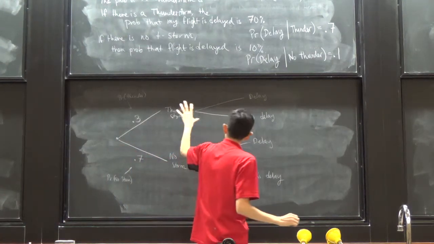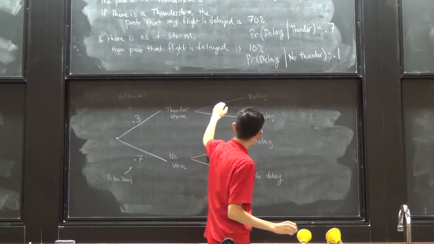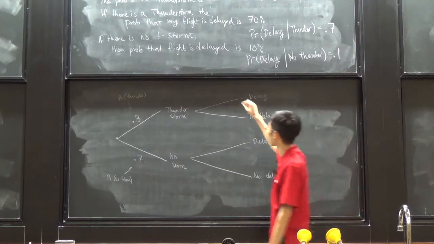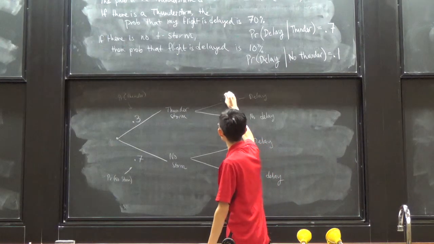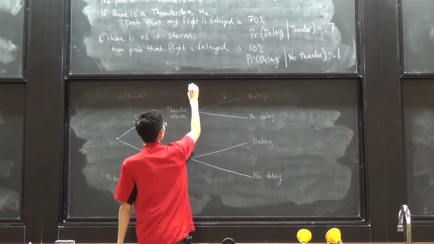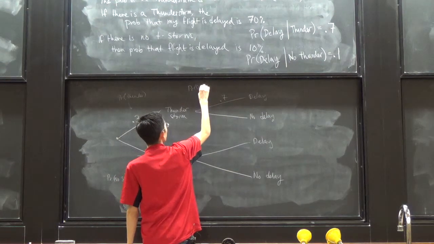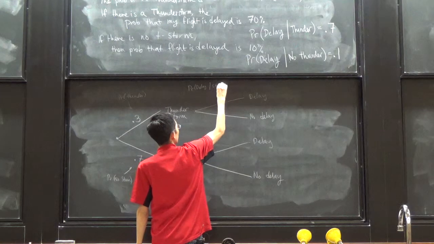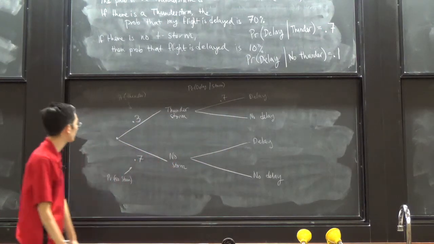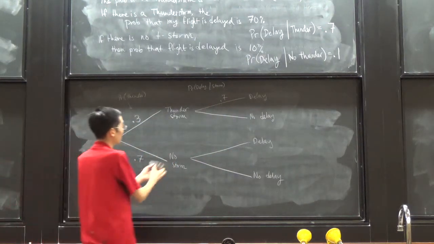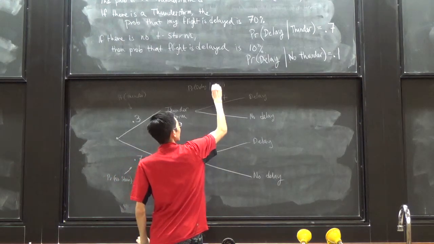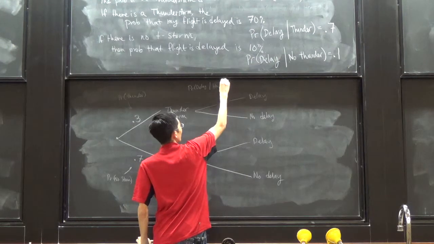What number goes along this branch? This says, now that we know that a thunderstorm has happened, what's the probability that I get delayed? Yeah, we said this is 0.7. So technically this number is the probability of a delay given a storm. And I apologize that my writing is inconsistent because I'm sometimes writing thunder and sometimes writing storm.